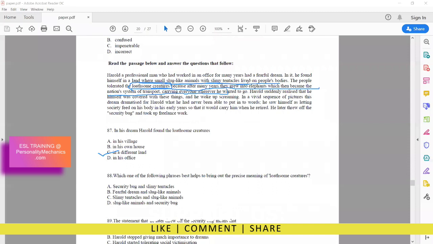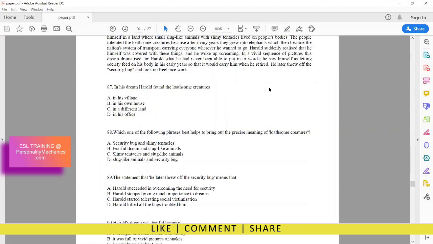This tells you that you want to give a description of something that you don't like at all. You don't want it at all. And hence, if you're talking about a security bug, that's not something he's talking about. He's talking about slimy tentacles and slug-like animals. So I believe that it should be C as well. So this is my option as well. C. That works well. Okay, let's go down to the next question.